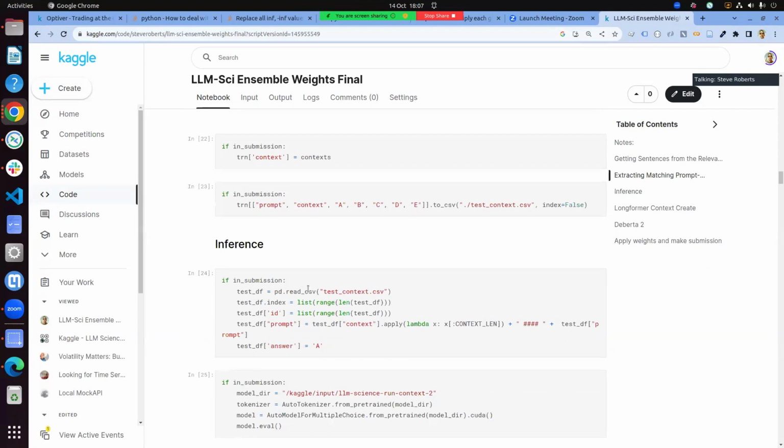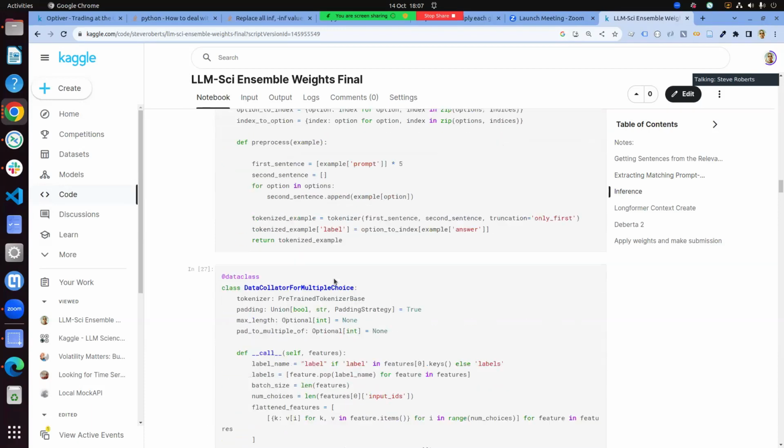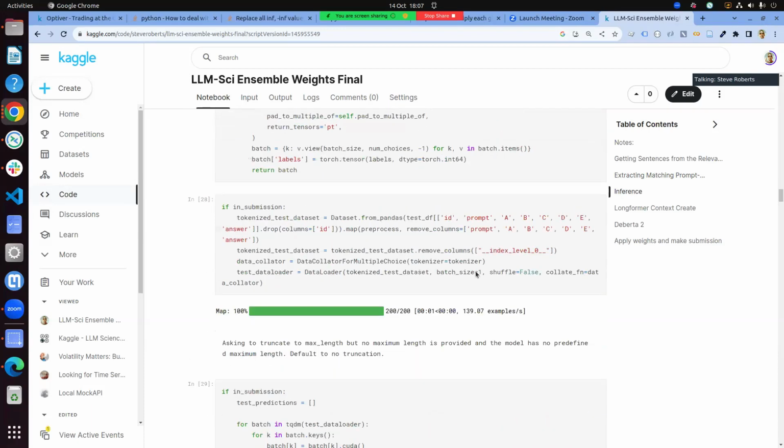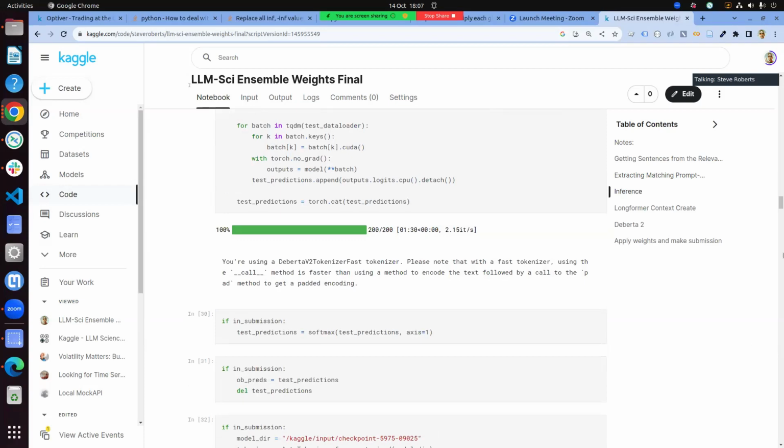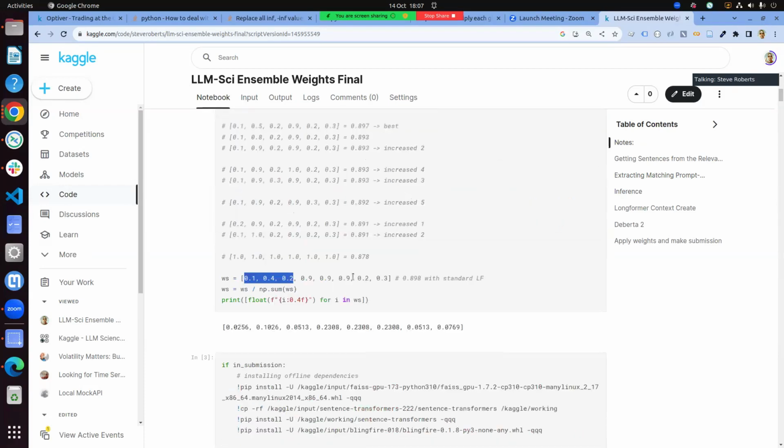There's three models here. One of them is Chris Deotte's model that he trained with the standard context, and a couple of other ones I'd just picked up. As you can see, they have very low weighting in my ensemble. The 0.4 one is Chris Deotte's.